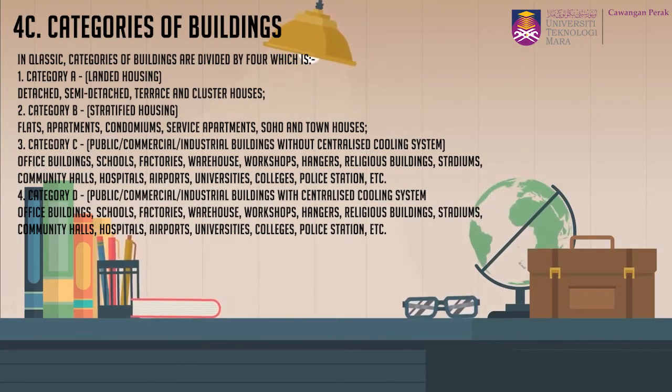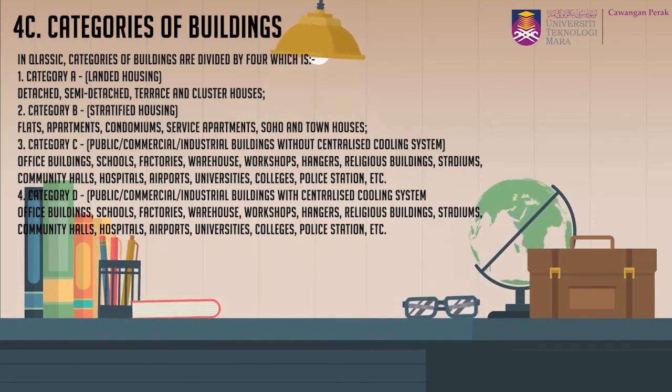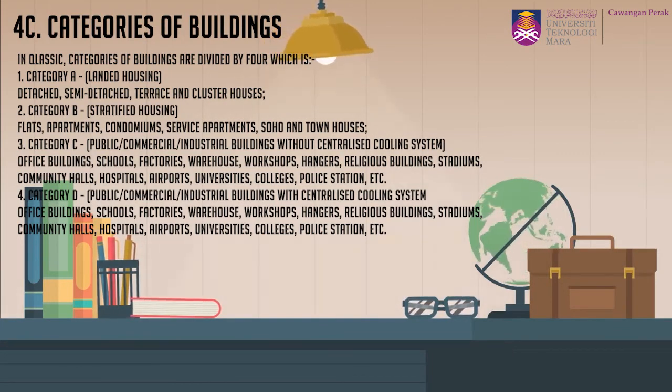Category B is targeted to stratified housing. Houses such as flats, apartments, condominiums, service apartments are all strata or stratified housing.